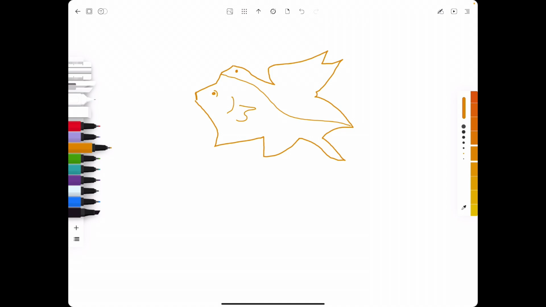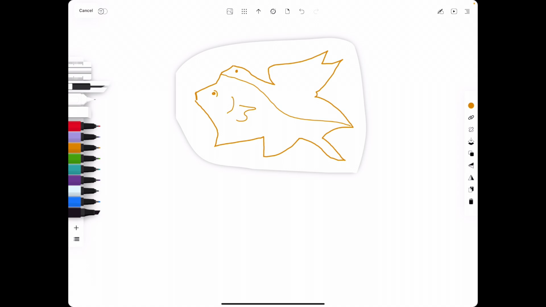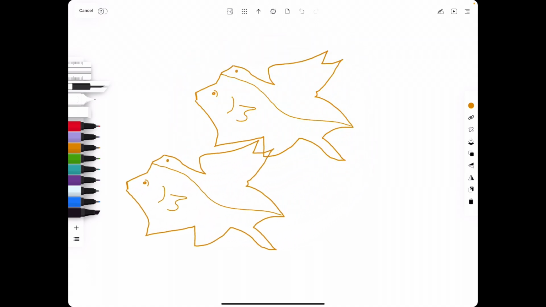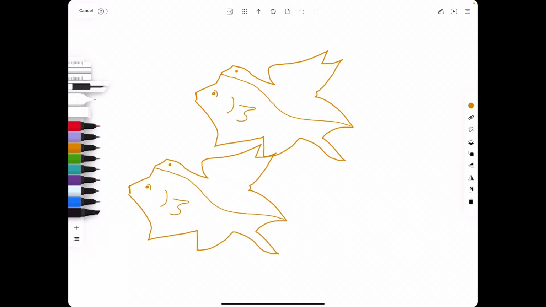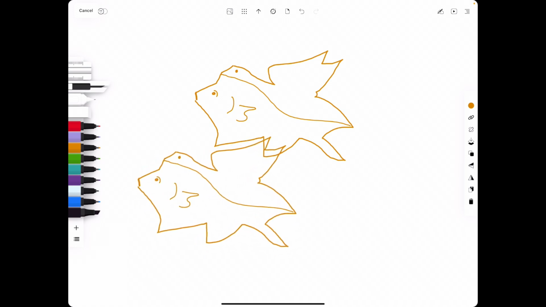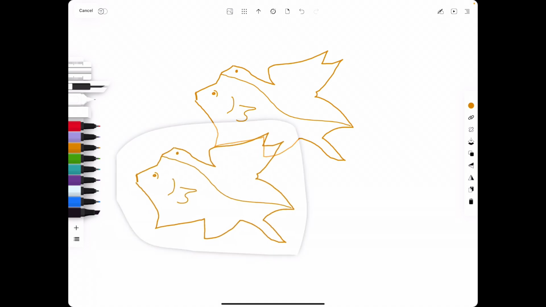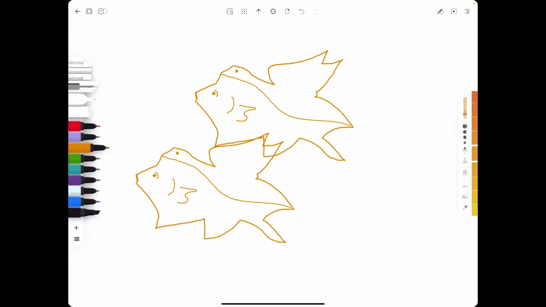So the whole idea is that if you were to cut this and copy it, it should be able to slide into there. If I had done it well, the wings would fit into the bottom fin of the fish right there, and you could do it over and over and over. And same thing with, let's see if I can do it again.